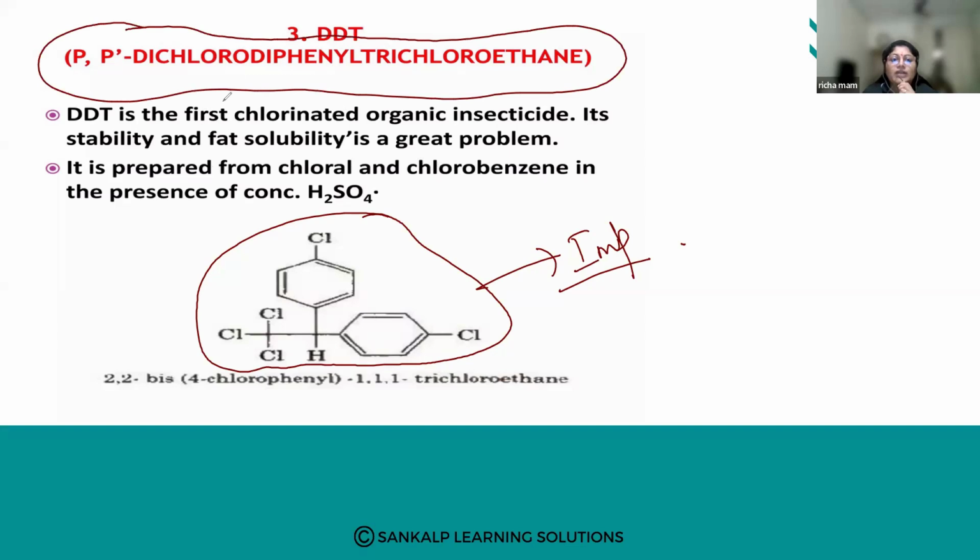It is the first chlorinated organic insecticide, and it is prepared from chloral and chlorobenzene in the presence of concentrated H2SO4. So remember how it is prepared, and the full form and structure of DDT.